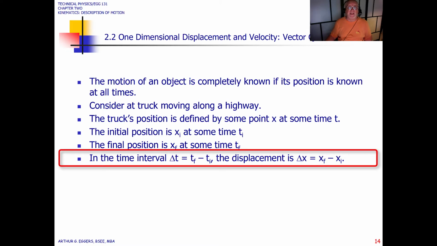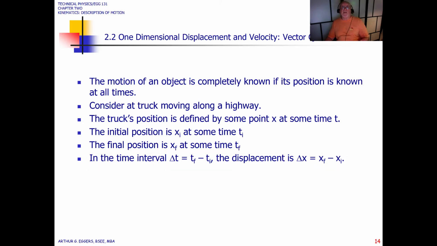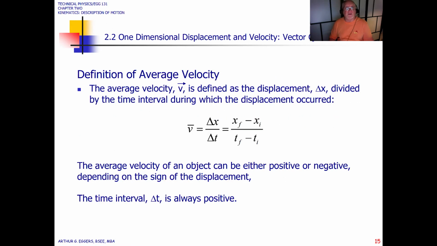So we're going to use X and T to determine the displacement and now the velocity, being distance per unit time, into our relationship. So now we have an interval of time that we define with a delta. Delta T is equal to the difference in T sub F and T sub I, so T sub F minus T sub I, and a displacement delta X, X sub F minus X sub I. Since velocity is distance per unit time, we're going to combine them into a quotient.